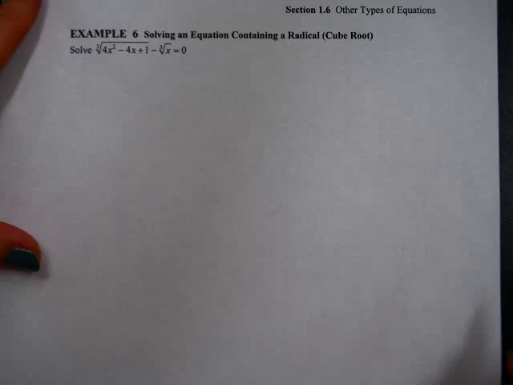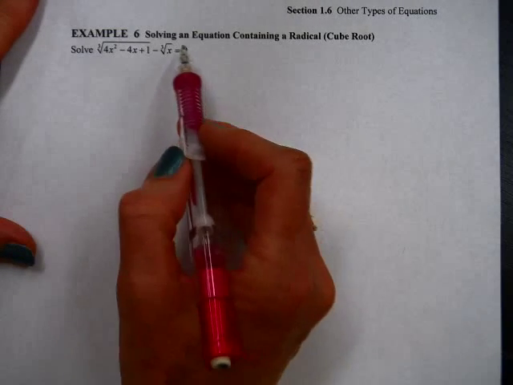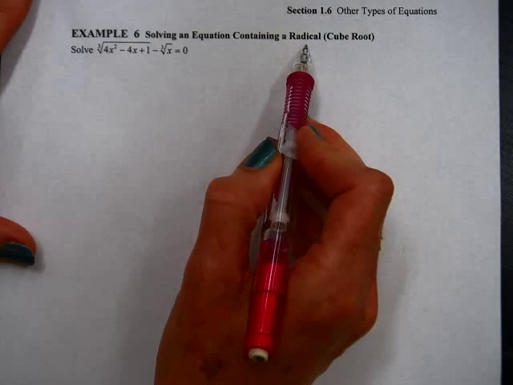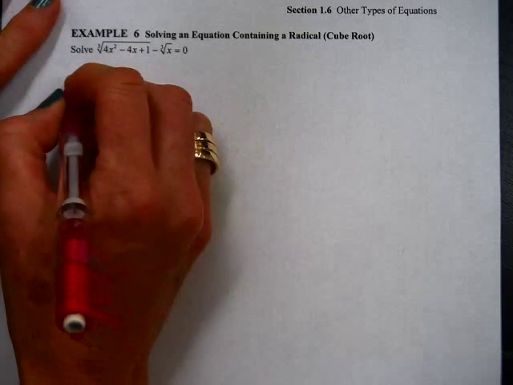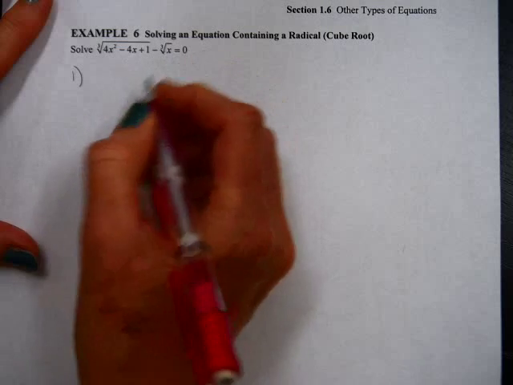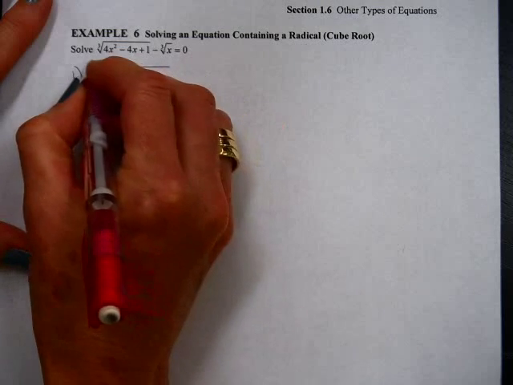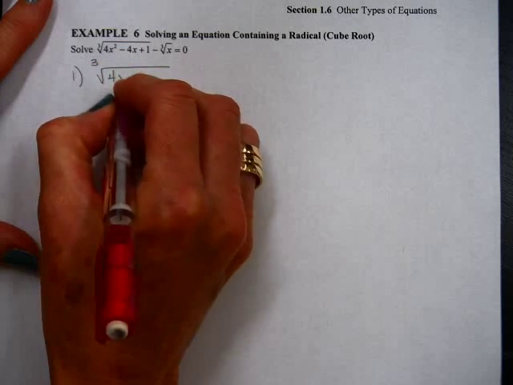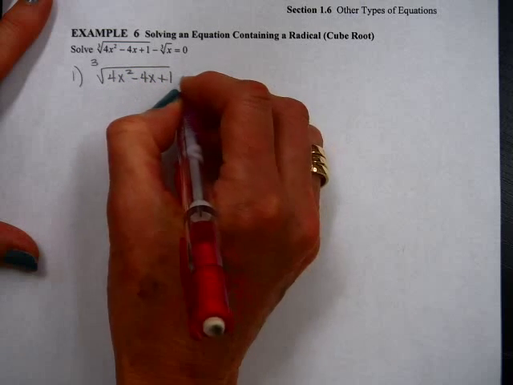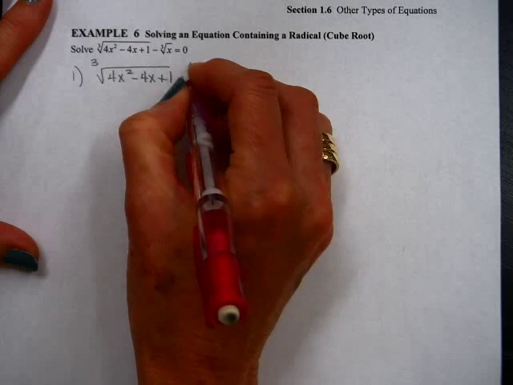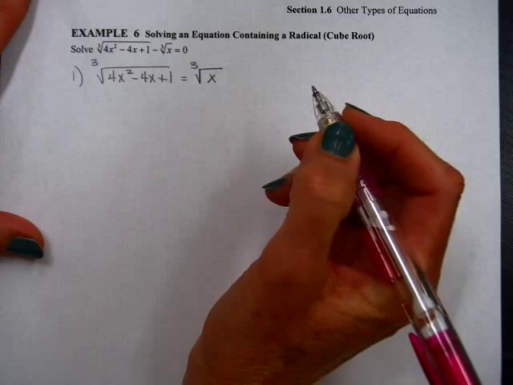Now the last example for this section is example 6. Solving an equation containing a radical where it is a cube root. Step 1. Radicals we have to isolate. So you have cube root of 4x squared minus 4x plus 1 equals the cube root of x.